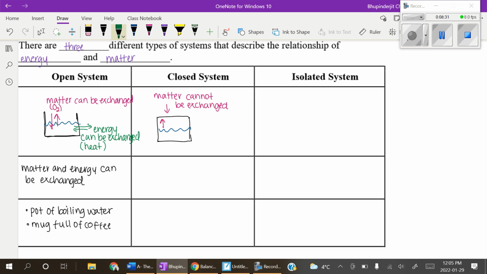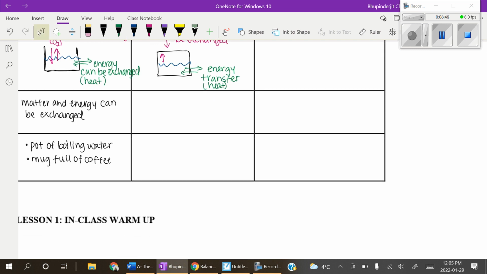Now, what about energy? We can still heat that container up. You can put your lunch container with the lid on into the microwave and it can still have energy transfers. So we can have heat go in and out of this container. So let's now solidify this concept.